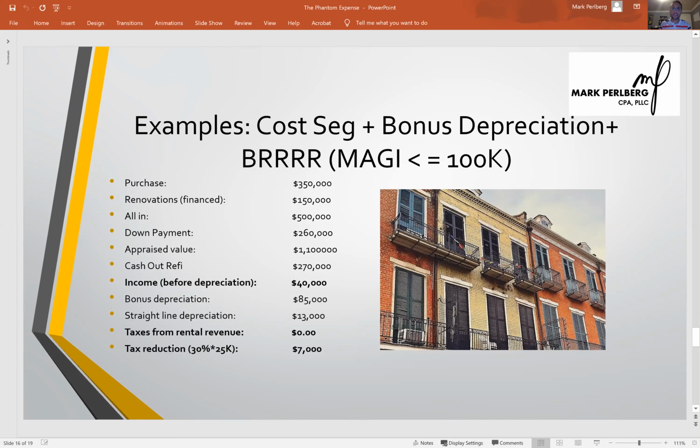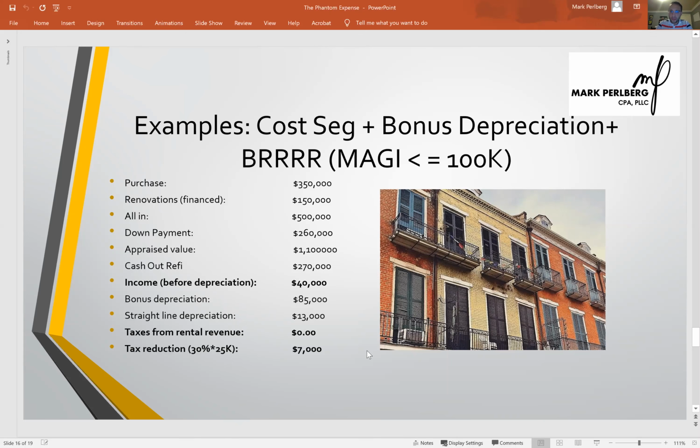So in this instance, in addition to his income from his real estate investments not being taxed, we are also going to get a $25,000 write-off, because we have these additional write-offs. Right here we have 85, we have a total of roughly $98,000 in write-offs, and our income before depreciation is $40,000, right?